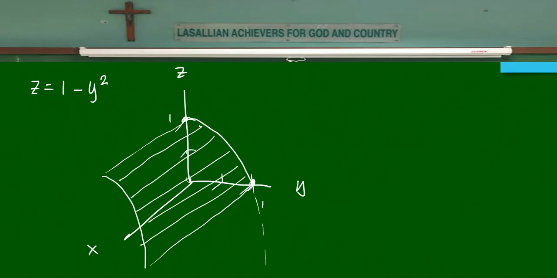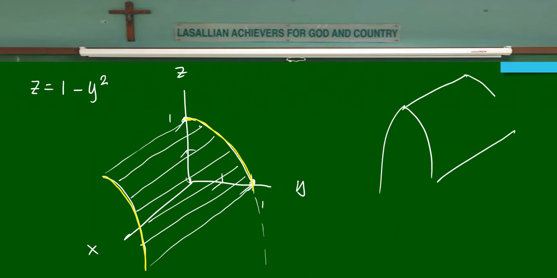So it's actually a cylinder. I'll just make this yellow so it's more prominent. So that one is a parabola. So it's still a cylinder. What's the shape? It's like this. It's like that. But then it extends, of course.